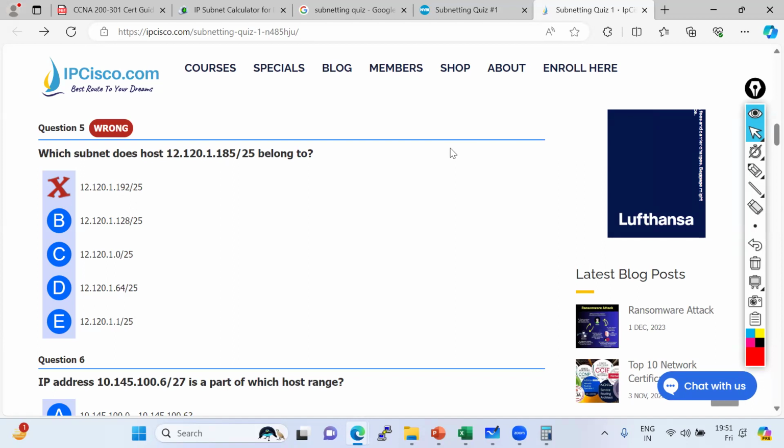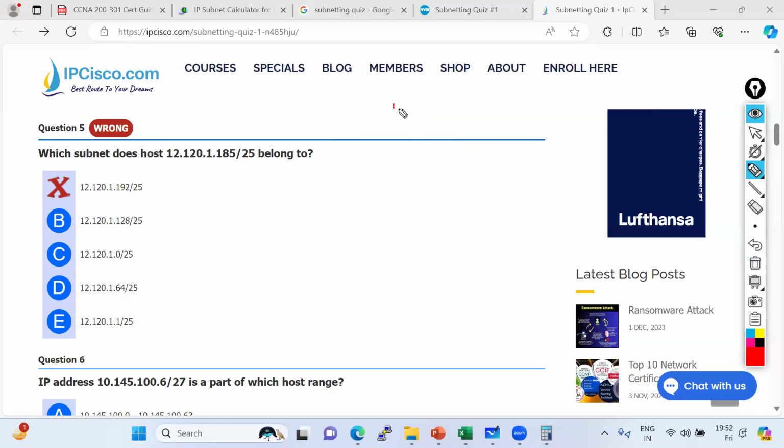So see, what is the concept? The concept is this is the subnet, right? Originally, this is the IP address. So what is the network address for this IP address? This subnet is derived from the /24 subnet, right? It is divided into two parts.